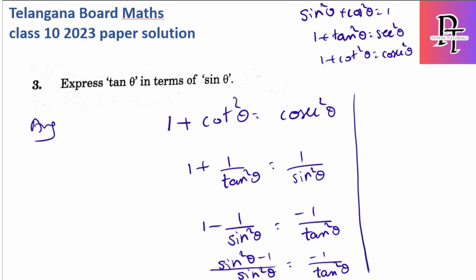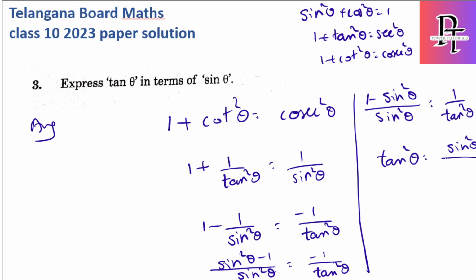Multiplying by minus on both sides, this becomes (1 minus sin square theta) by sin square theta is equal to 1 by tan square theta. If I cross multiply or reverse it, I get tan square theta is equal to sin square theta by (1 minus sin square theta).